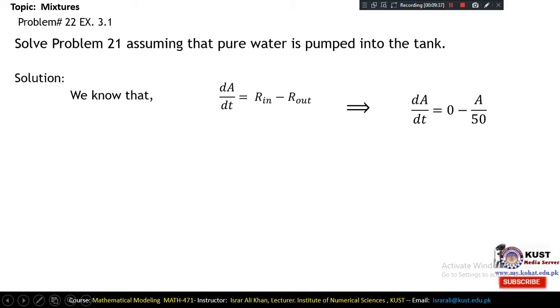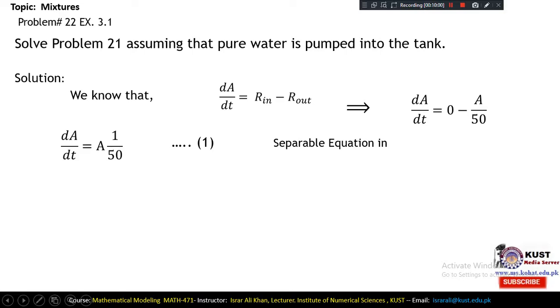And you can see there is 0, because no salt is entering the system. Water is pumping into the system, but that is pure water. So 0 minus the amount of salt that the system already has, that is equal to minus A divided by 50.